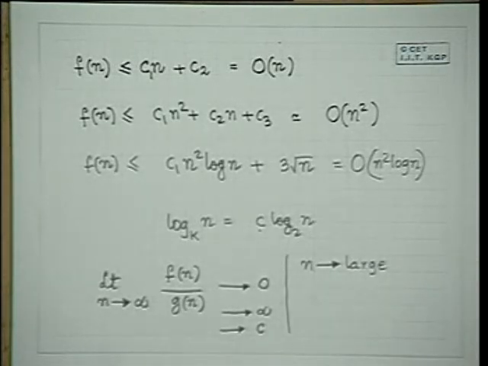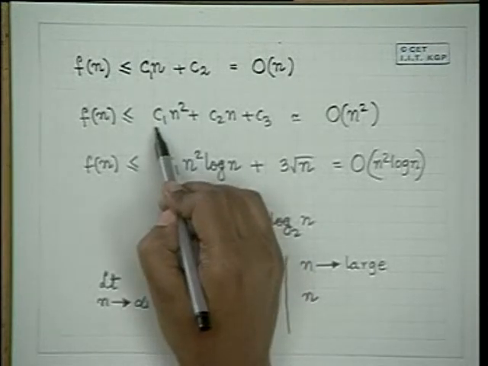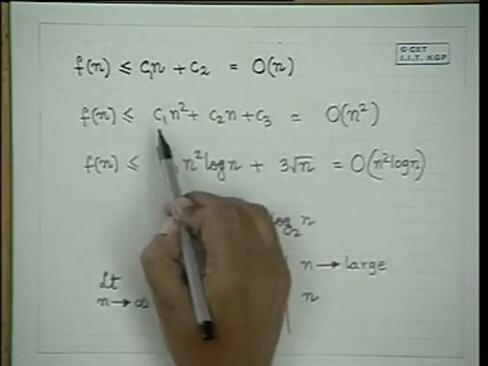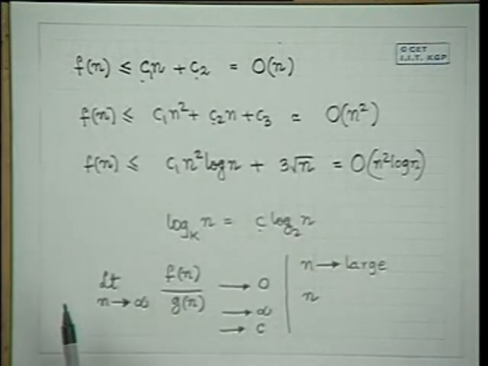On the other hand, when n is small, obviously you cannot make this comparison, and you will have to find out the exact constants.